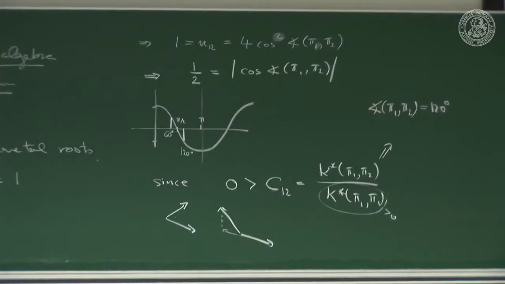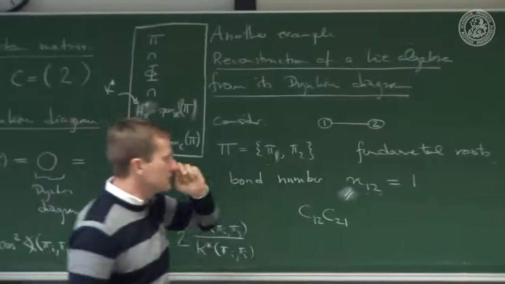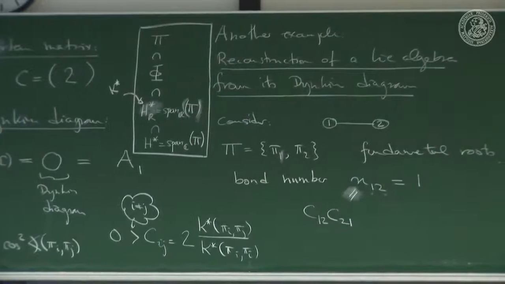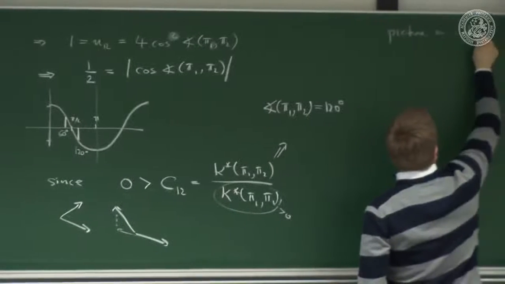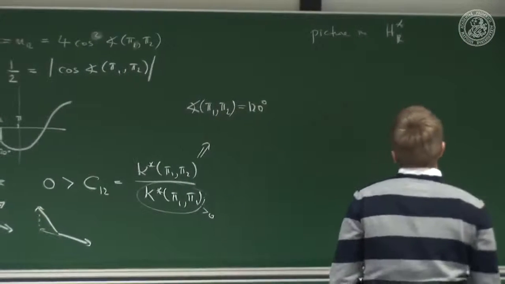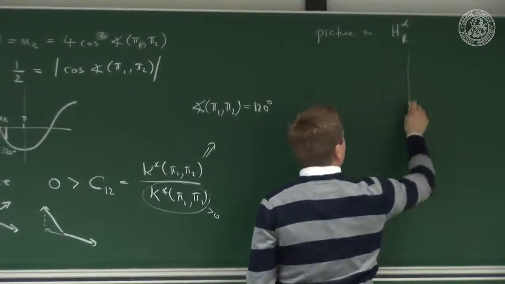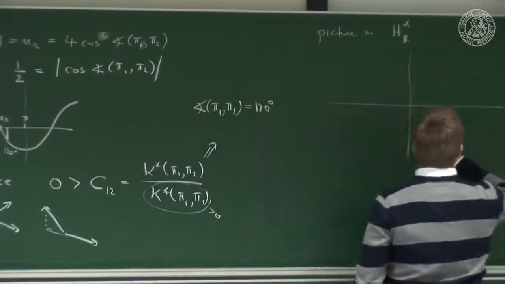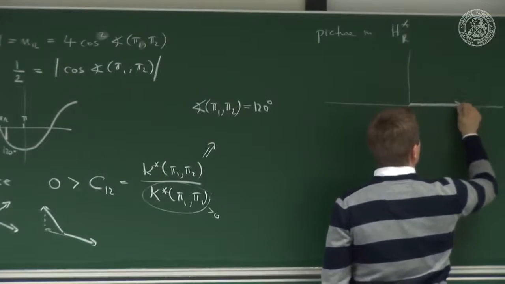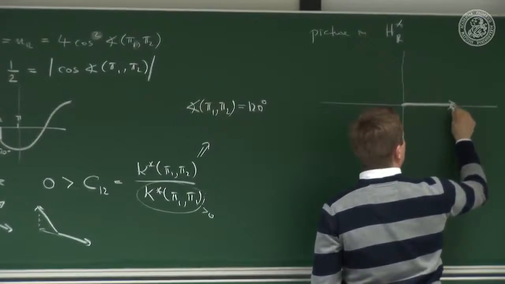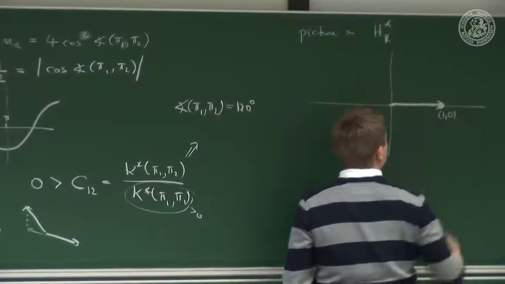Okay, so this means that in this two-dimensional real vector space, it's two-dimensional because pi has two elements, our fundamental root space, we have the following picture in H_R star, the realification of the dual. So let me draw two axes. I can choose one of the roots to be represented by this point, this is (1, 0).